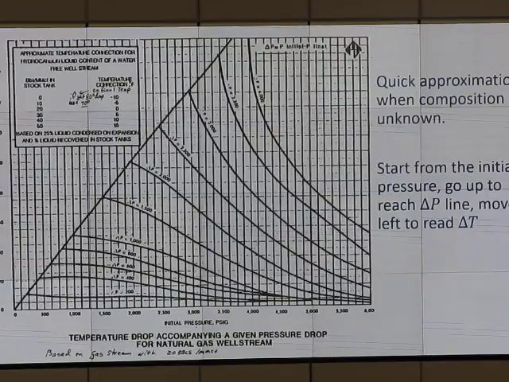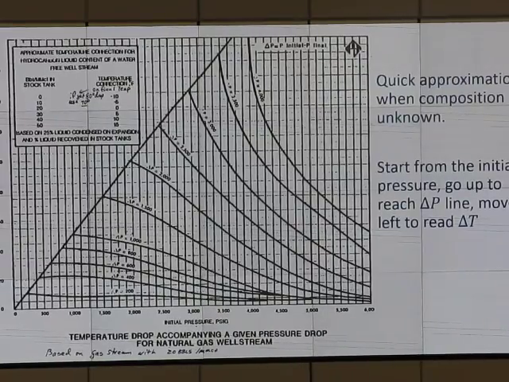Look at that. If we produce 50 barrel per mmSCF of liquid, we have less temperature drop by 15 Fahrenheit. So if you produce mainly liquid, you don't have a temperature drop. Liquid carries heat with it. When it goes through the choke, it doesn't have Joule-Thomson.